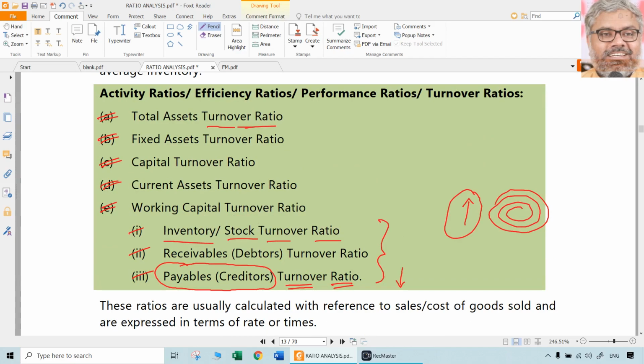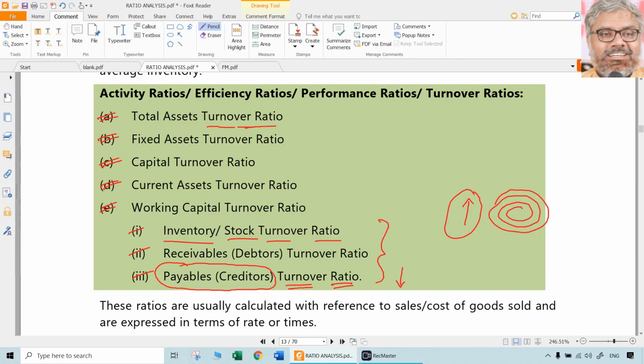Once again, the turnover also depends upon the nature of the organization. We cannot compare the turnover ratio of a manufacturing concern with a hospitality group. We cannot compare the turnover ratio of a restaurant with that of a normal software company or something like that.